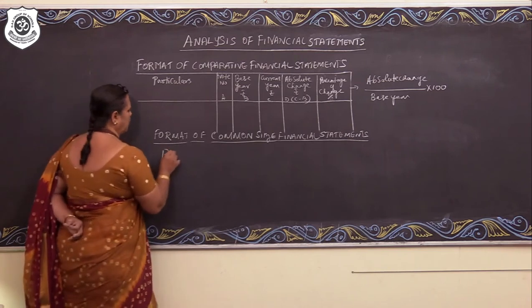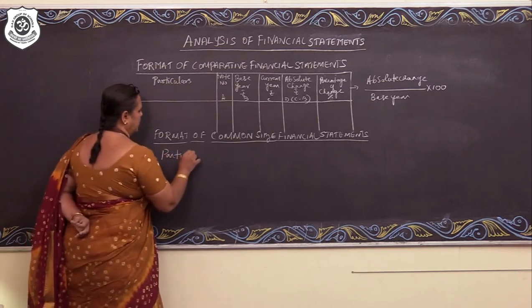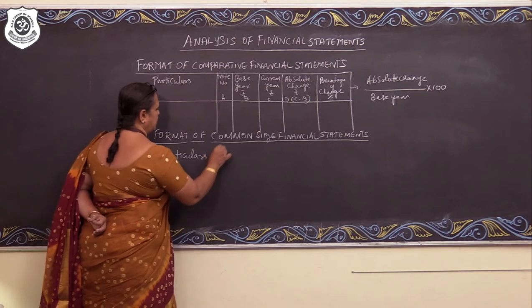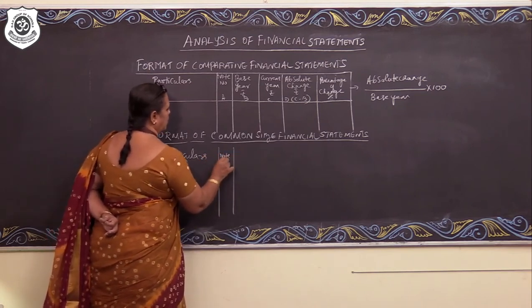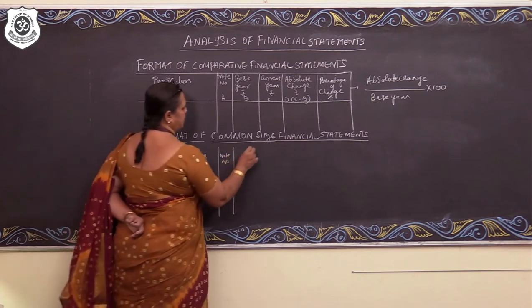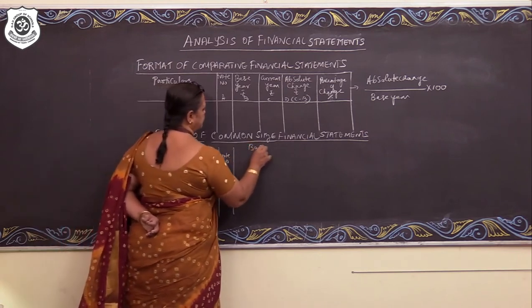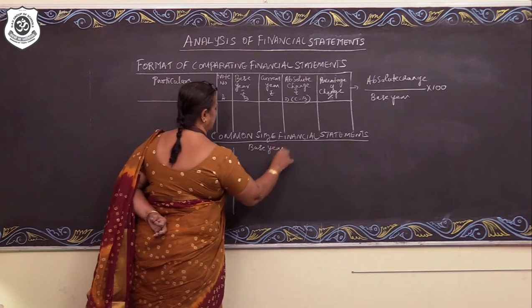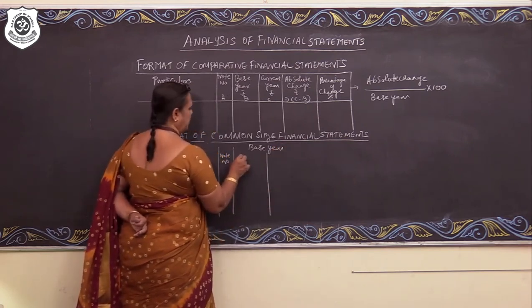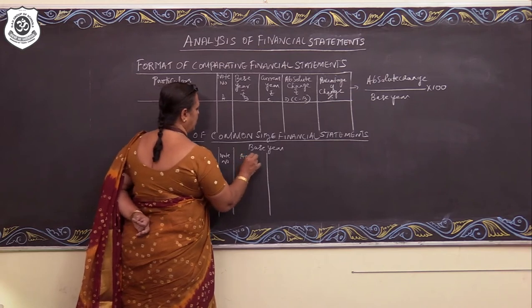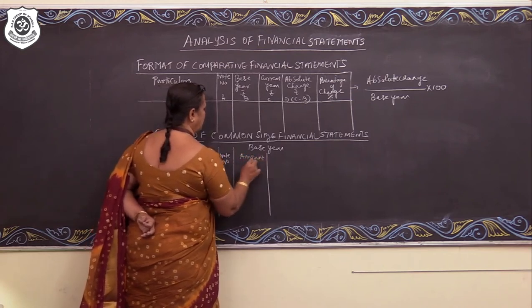So, the format will be particulars, note number, base year. In that, you will write the amount, percentage.